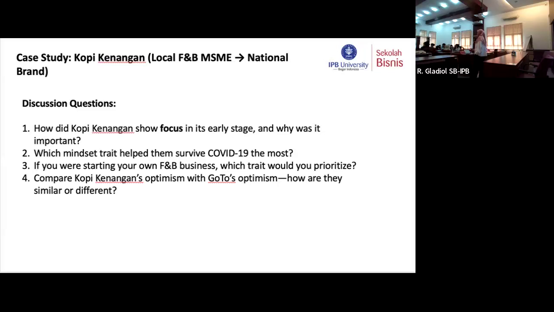And the most interesting part is they put their place in a gas station, so it's very easy to access. Okay, it's different. Okay, good. Let's continue to number two. Which mindset trait helped them survive during COVID-19?